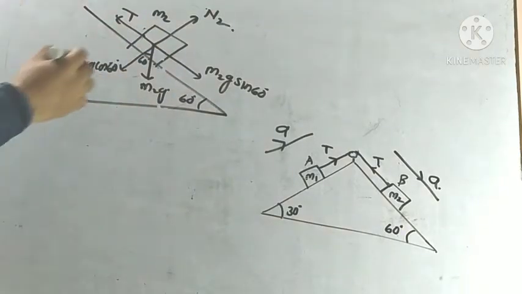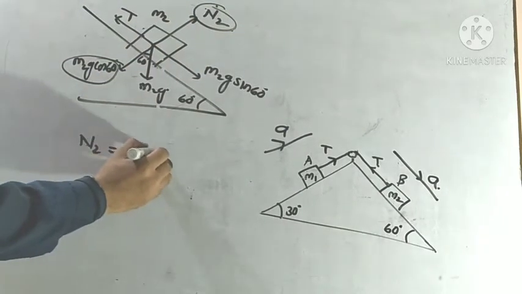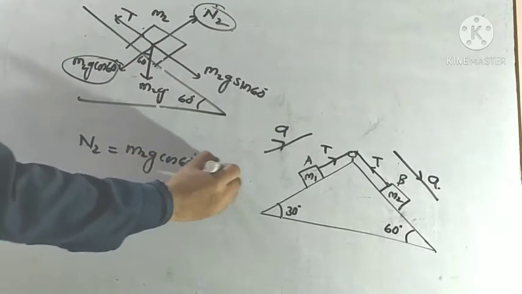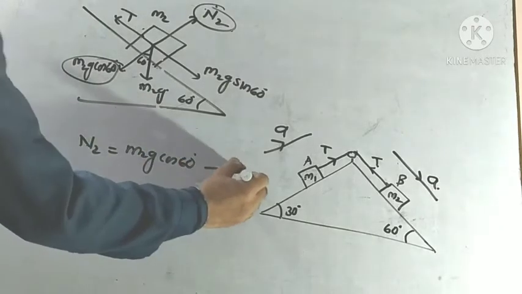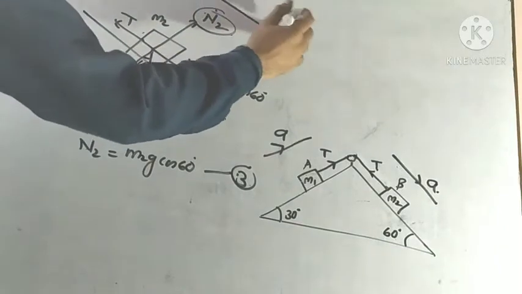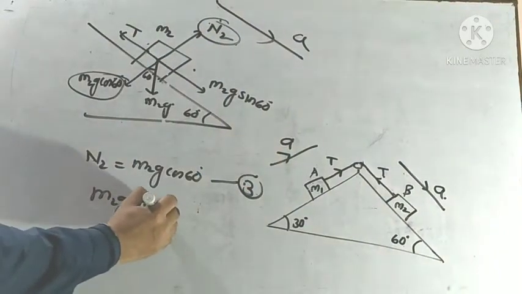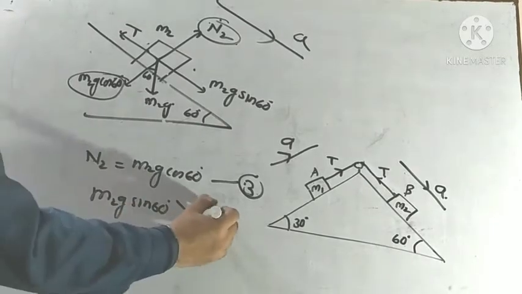Here these two forces balance each other, m2g cos 60 degrees and the normal force, and this block moves in this direction. So m2g sin 60 degrees is greater than tension T in the string.